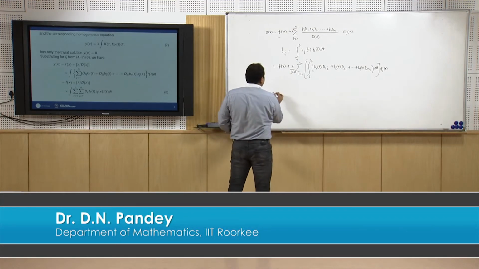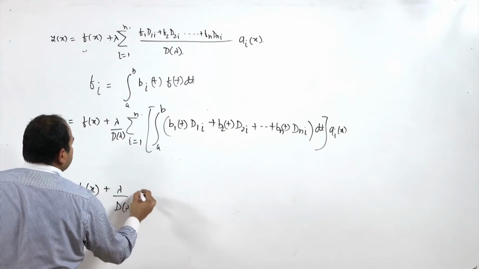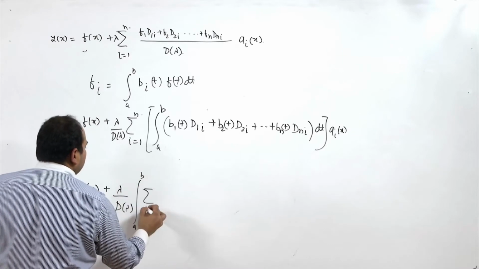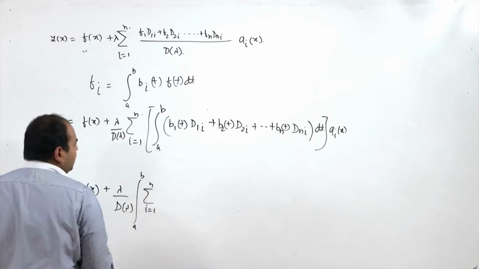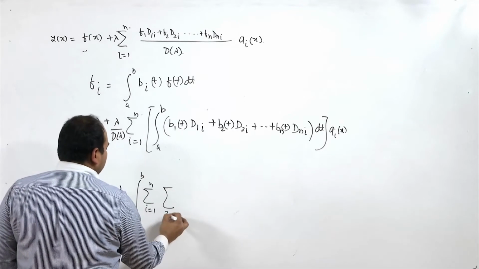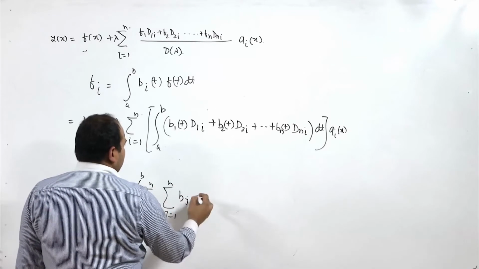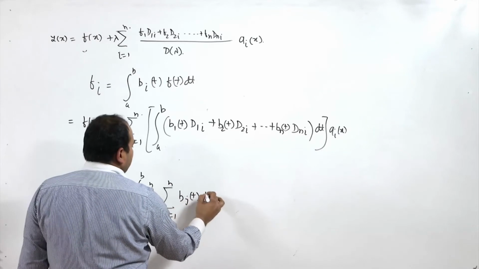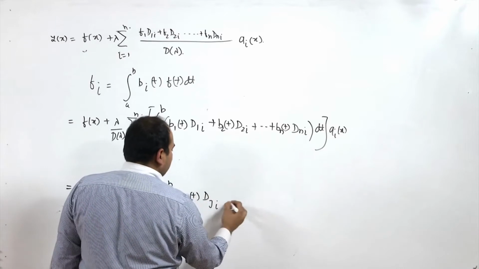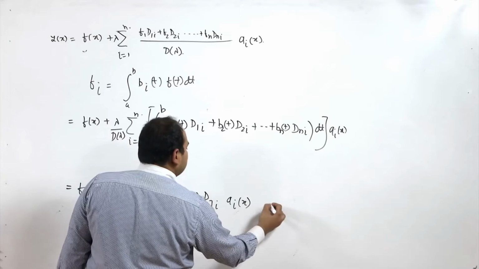so here I can write f of x plus lambda upon d lambda, and here the summation you can take inside, no problem, integral a to b, i equal to 1 to n. Now this summation I can write as summation, say, j equal to 1 to n, and this I can write as b_j(t) d_ji, and you have a_i(x), and this is over dt.